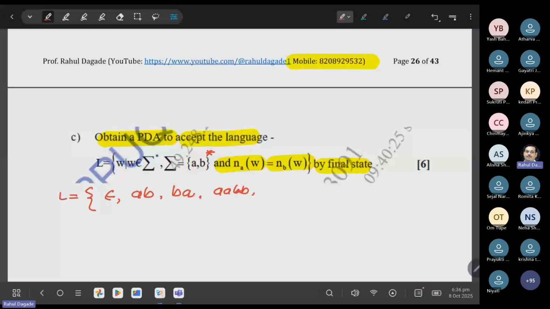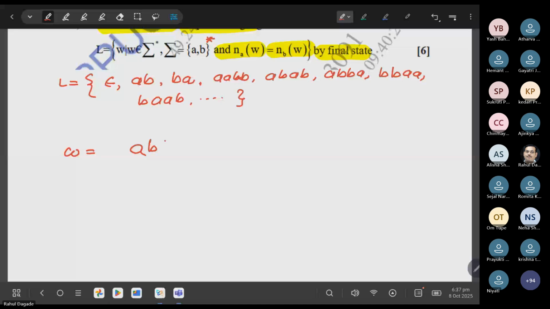Now what logic will you apply? Let us take a string and try to do it with the stack. Let us take the word W that belongs to this language. So W is equal to ABBAAB.